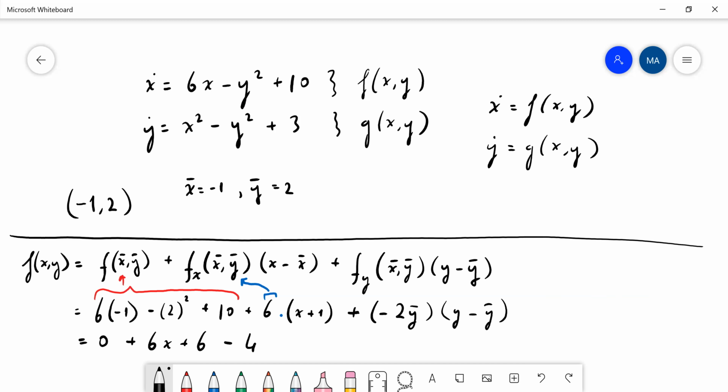So it is -4 times y minus your y bar, which is 2. So you have 6x plus 6 minus 4y plus 8. So you have 6x plus 4y plus 14.